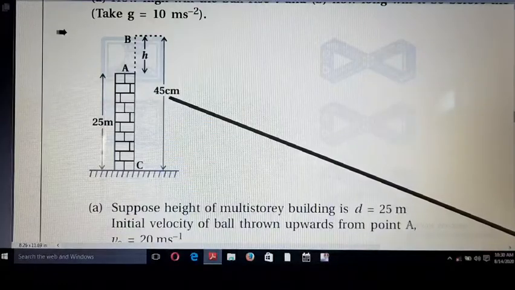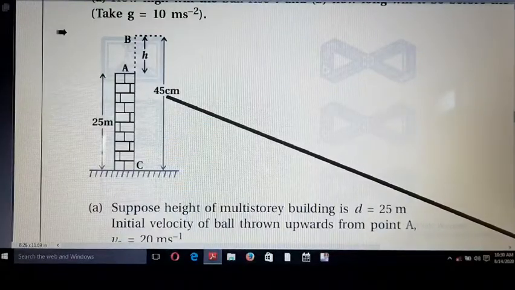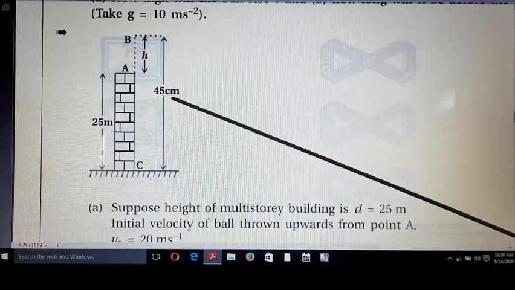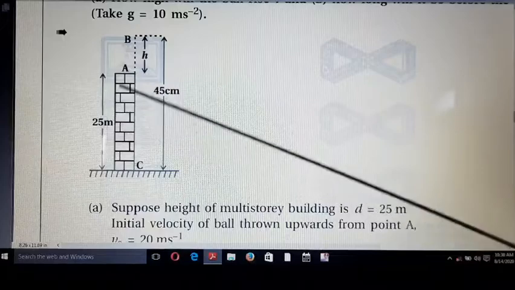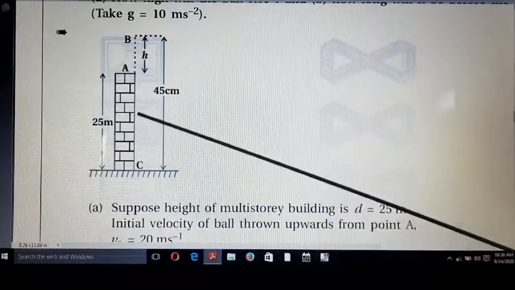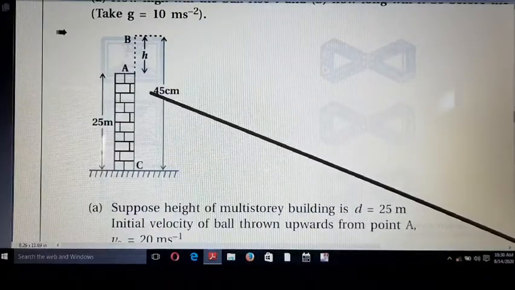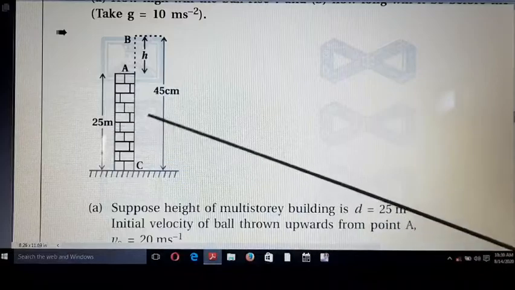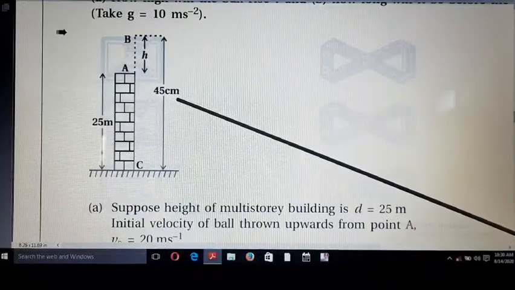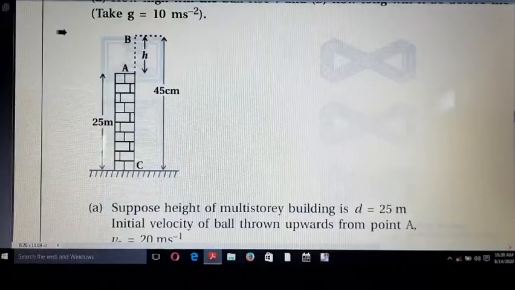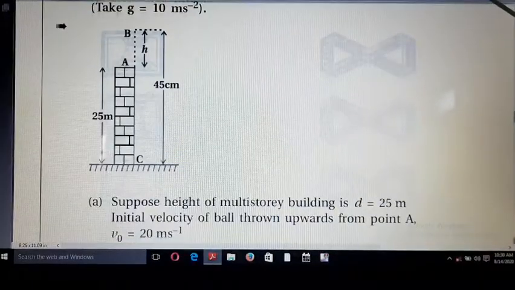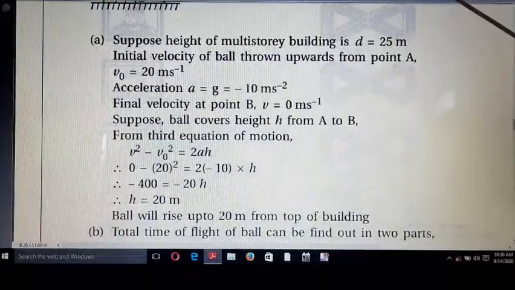Friends, here some mistake, not centimeter but 45 meter, because here height of the building is 25 meter. So here 20 plus 25 means 45 meter, not centimeter. Printing mistake.